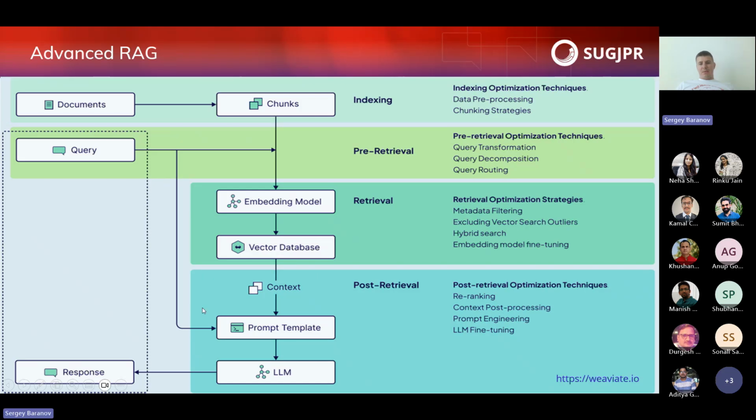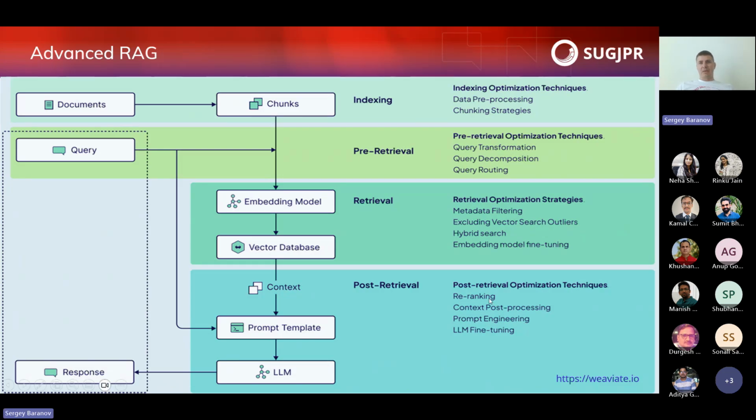So the last section is post-retrieval. And it's clear, for example, with prompt engineering, the more accurately you prompt, the more examples it has, the better results you will have. Just experiment with prompt engineering, and you can greatly improve the answers of your virtual assistant.